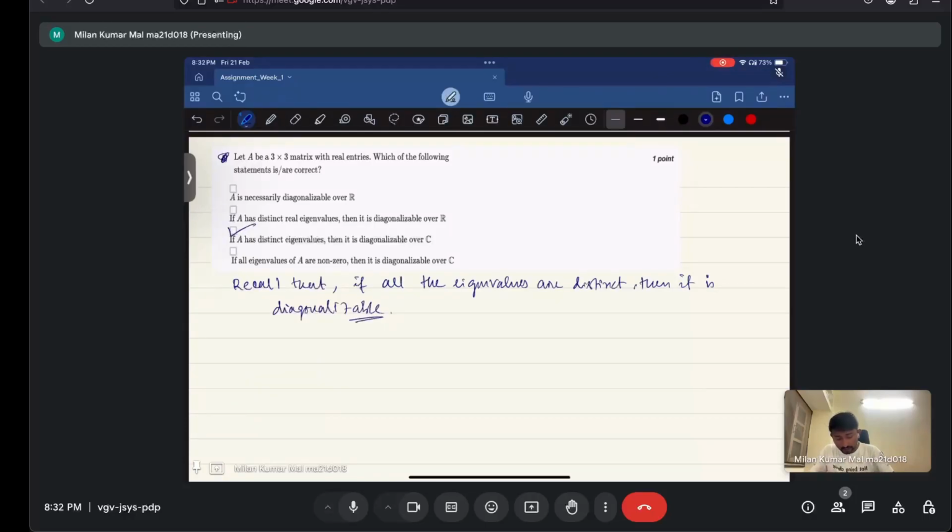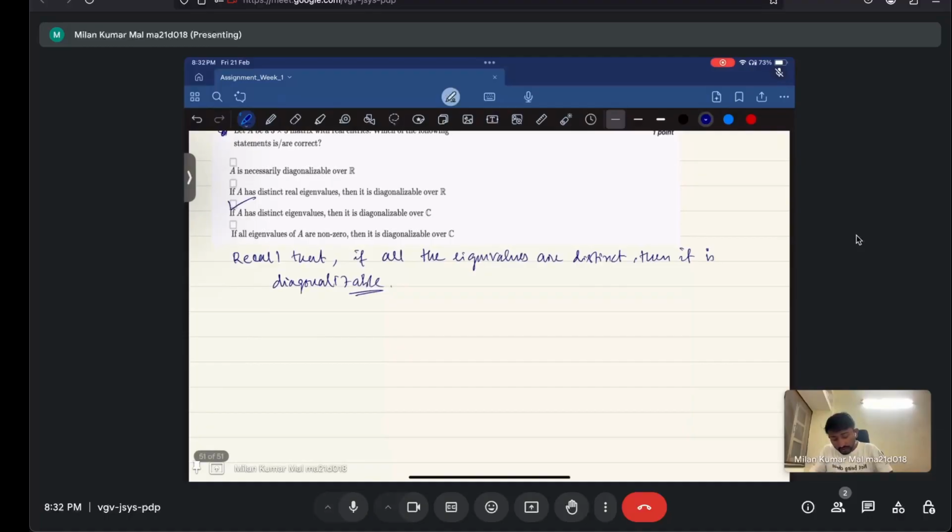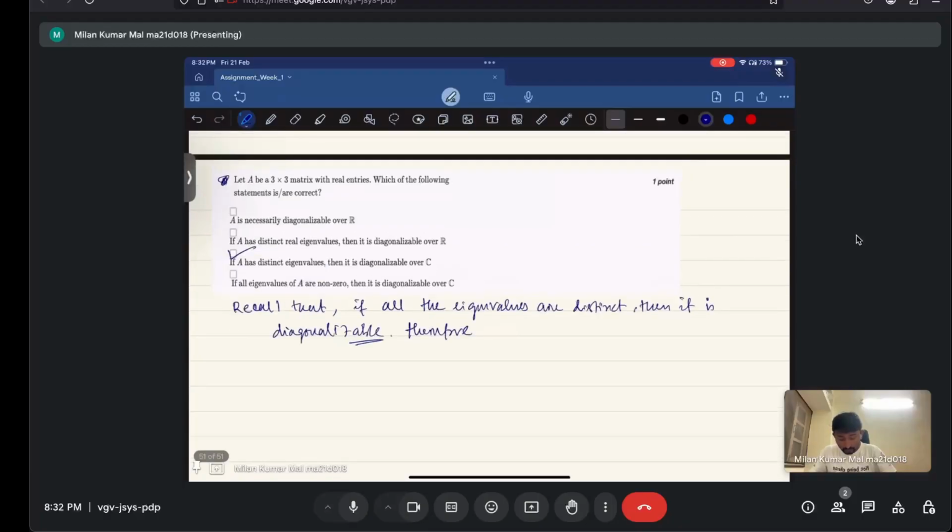Okay, so this option is correct. This is also true because A has distinct real eigenvalues.